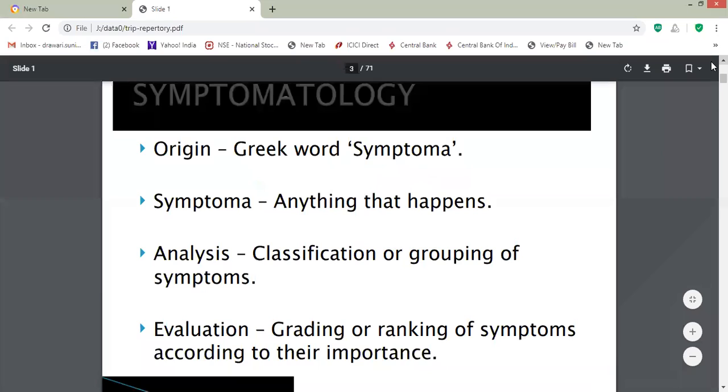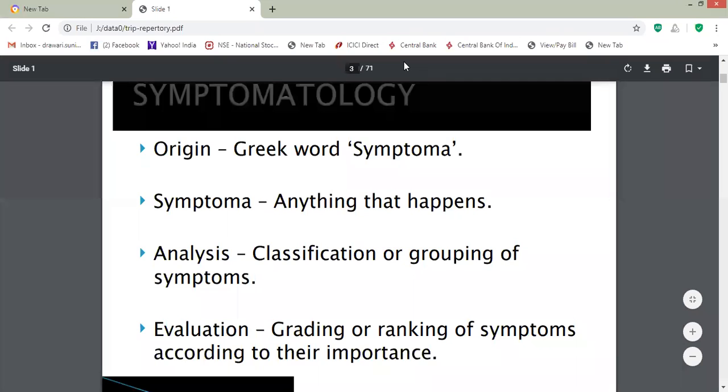Analysis, what is analysis? Before doing repertorization, we do analysis. After taking the case, we do analysis of the symptoms, then evaluation of the symptoms, then form the totality of the case, and then we convert the totality into repertorial totality.